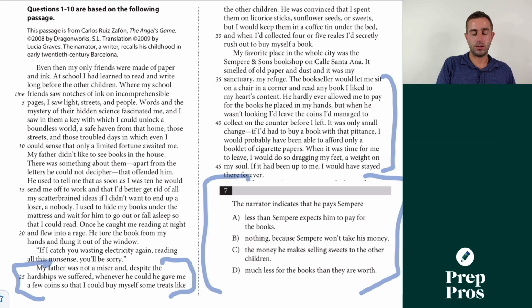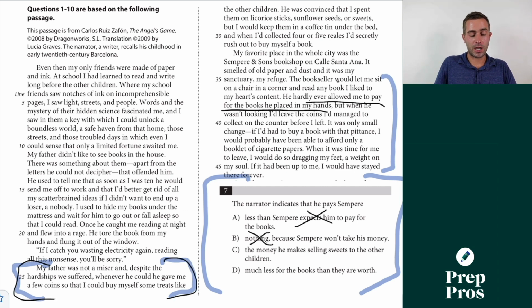So a few things here. Number 1, the bookseller is not allowing him to pay generally, so he doesn't expect him to pay for the books. B is wrong because he's not paying nothing. He's sometimes leaving some coins. And now C is wrong here because this is our context down here we need.